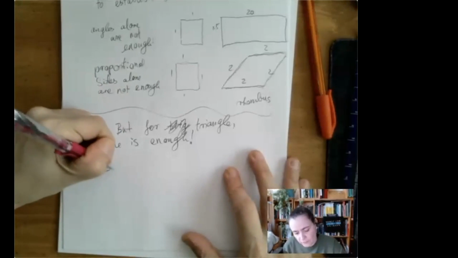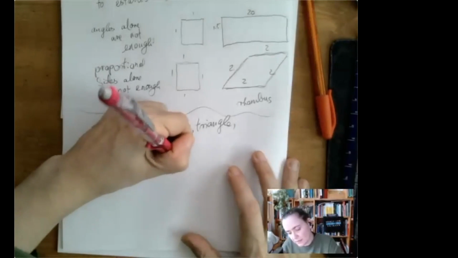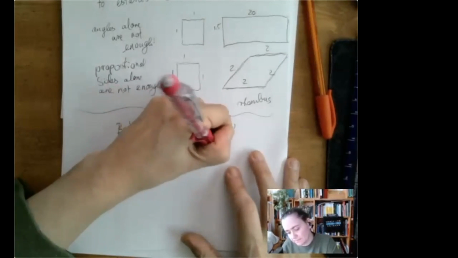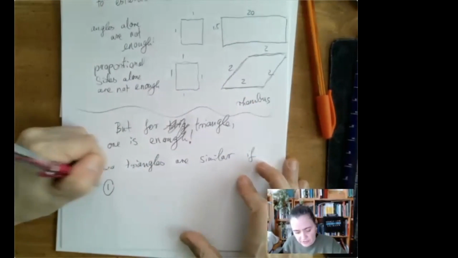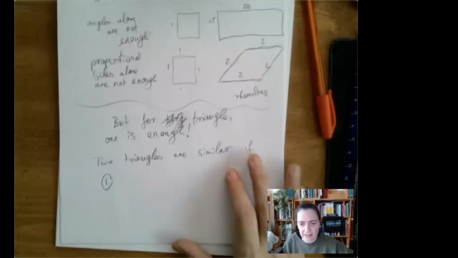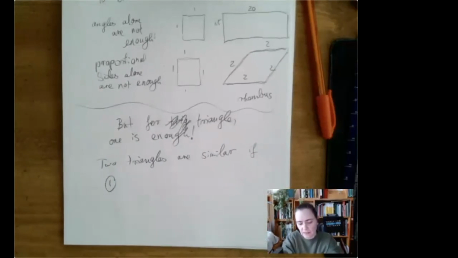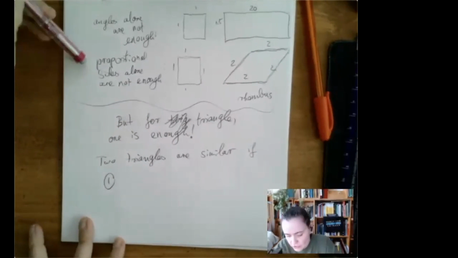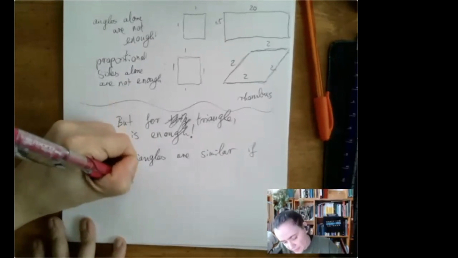So two triangles are similar if, the first, and by far this is the most common, we chase down angles and then we use similarity to find sides. Two triangles are similar if one, they have the same angles.